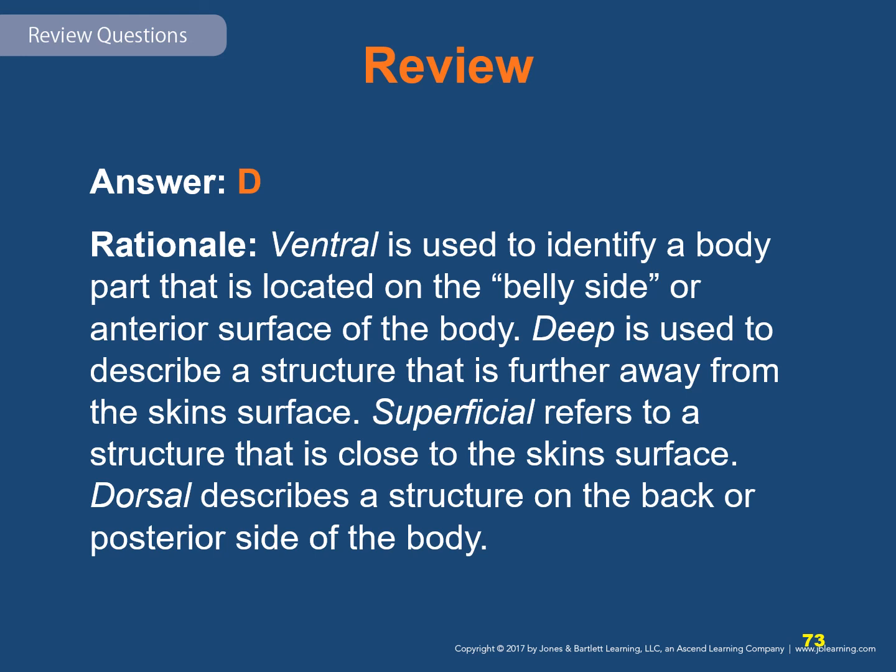Deep is used to describe a structure further away from the skin surface. Superficial refers to a structure close to the skin surface, and dorsal describes a structure on the back or posterior side of the body, such as the example we gave earlier, where you can remember dorsal by the fact that most mammals, marine mammals, have dorsal fins.